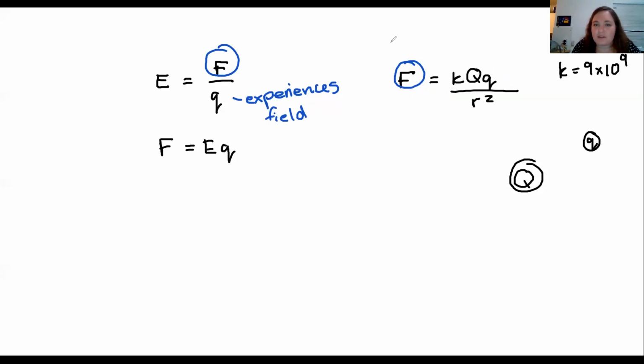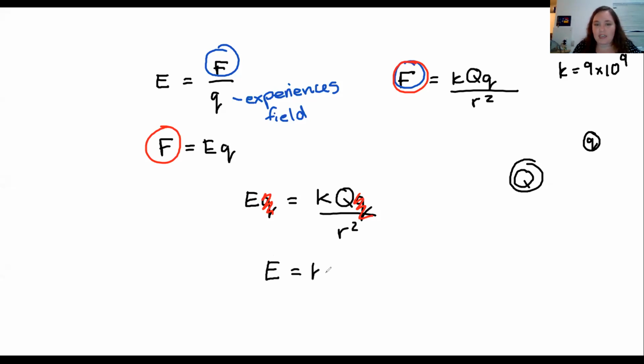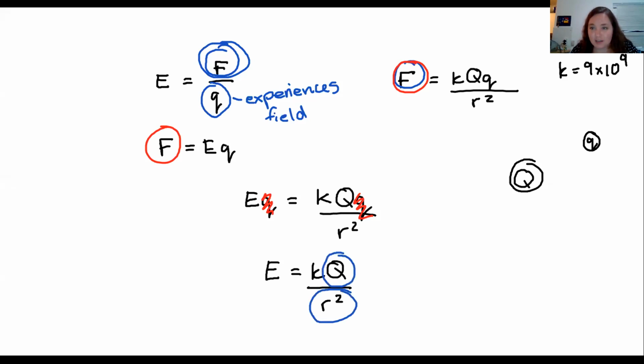Now I'm going to do a simultaneous equation where this F equals this F. So I'm going to say that Eq is equal to KQq over R squared. Because this q is the same here and here, I can cancel it, which means I get a new equation where E is equal to KQ over R squared. That means that we can define the electric field by the force that the charge experiencing the field has, or by how far away we are from a charge creating a field.